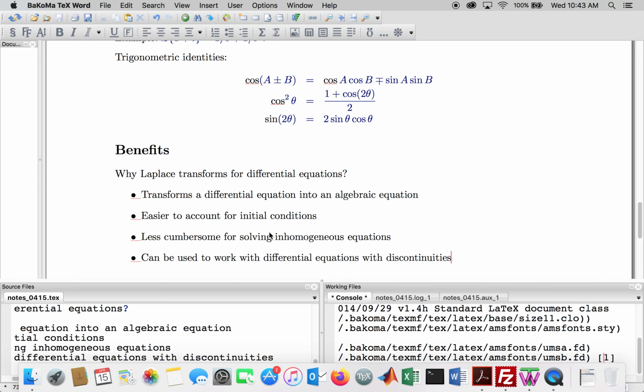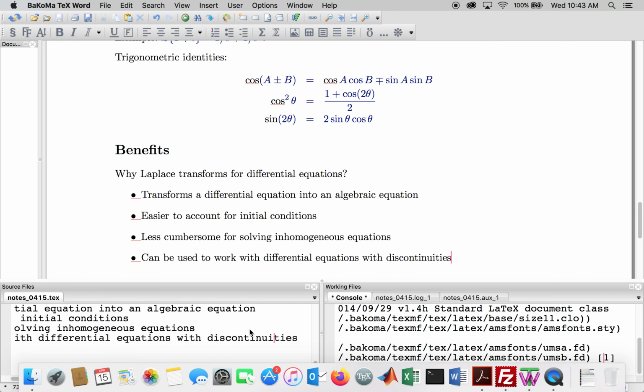And because we haven't dealt with that at all, the techniques that we have aren't really helpful for right-hand side functions that have discontinuities. But here it's, I wouldn't call it easy, but at least it's doable, which is more than what we had.